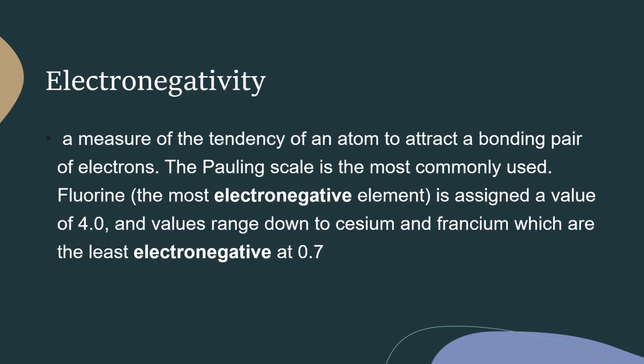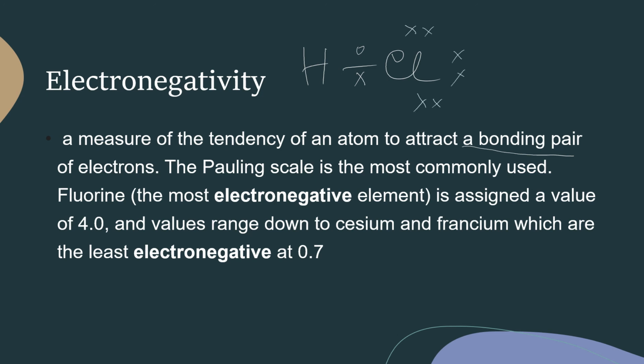The last is electronegativity. This is a measure of the tendency of an atom to attract a bonding pair of electrons. For example, H and Cl. Here there is a bond pair between H and Cl. Cl is in group 7, so the valence electrons are 7.